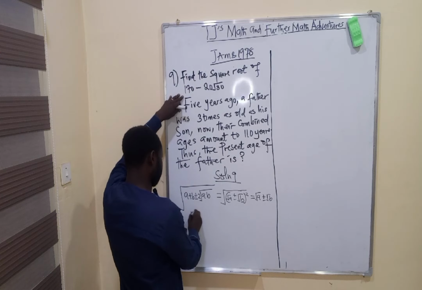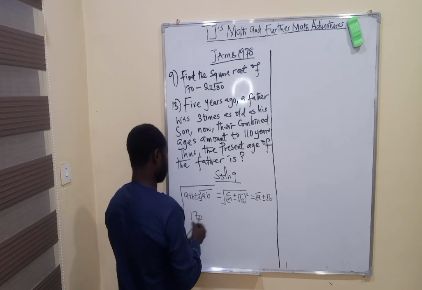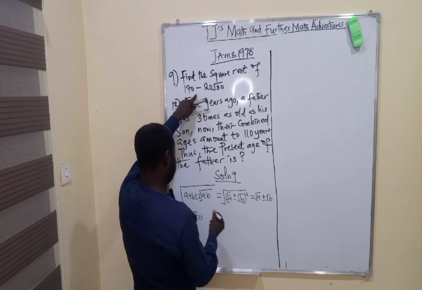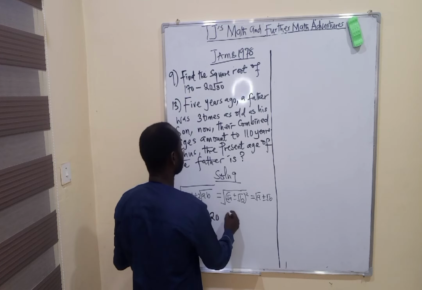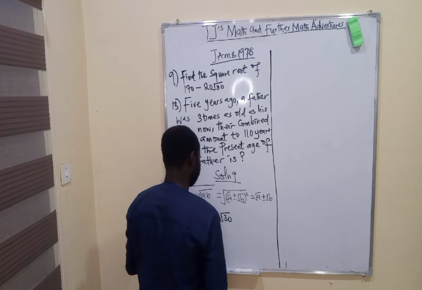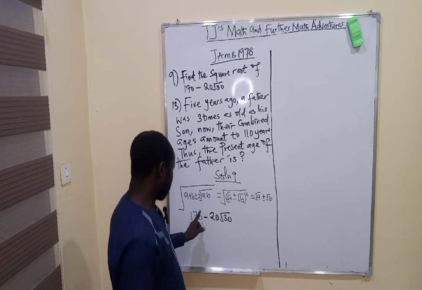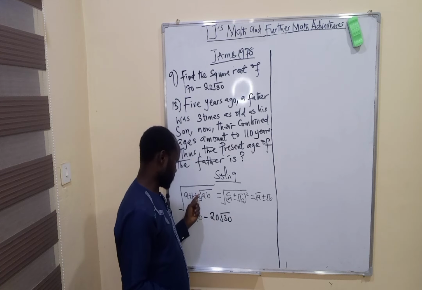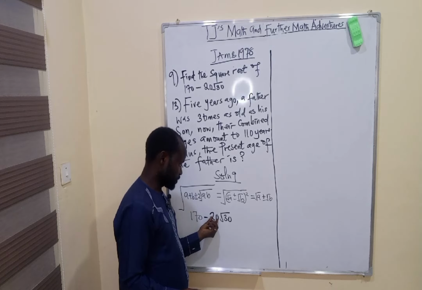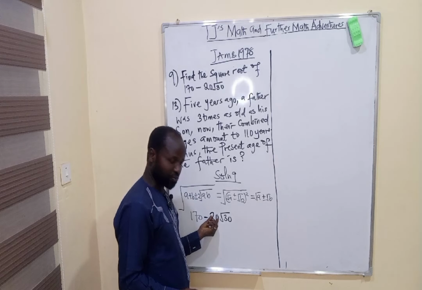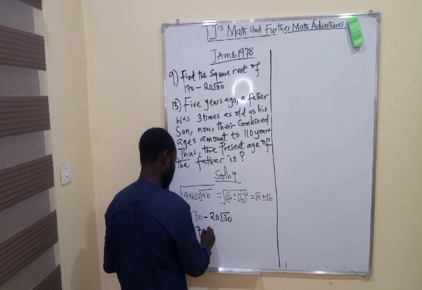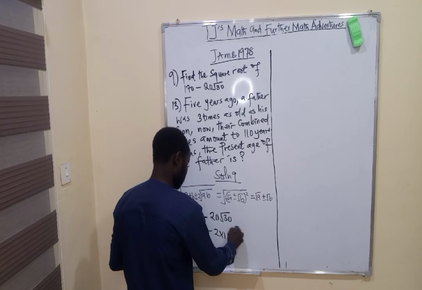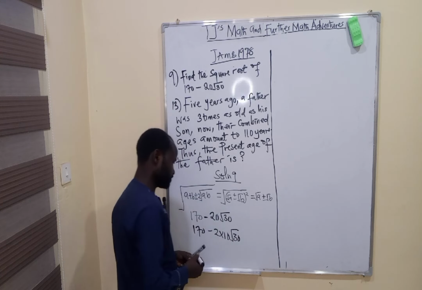Okay? So in this case, we have to write this. I have 170, and since we have negative here, it will be negative 20 root 30. It means we have 20 here and we need 2 here. We have to write this 20 such that we have 2. Of course, we can write this as 170 minus 2 times 10 root 30.